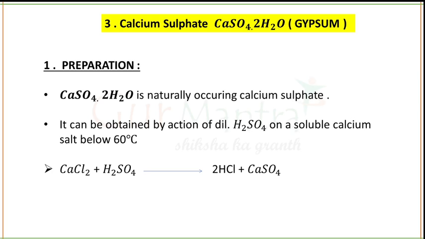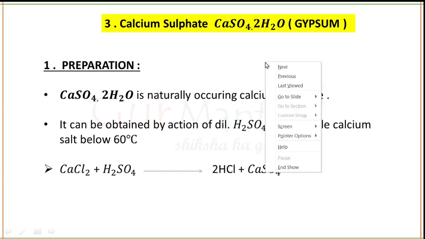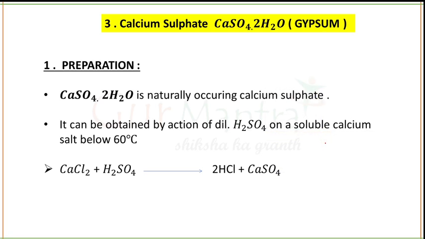Third is calcium sulfate. Calcium sulfate has the formula CaSO4, while its hydrate has the formula CaSO4.2H2O, that is known as gypsum. Calcium sulfate is the inorganic compound with the formula CaSO4 and related hydrates.